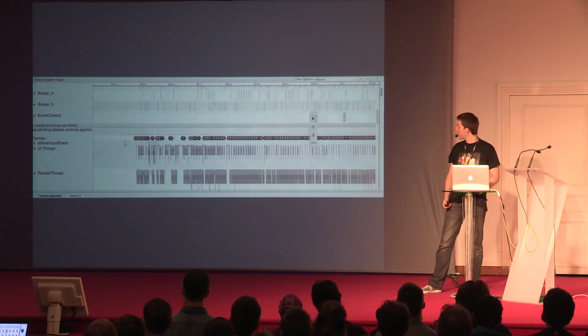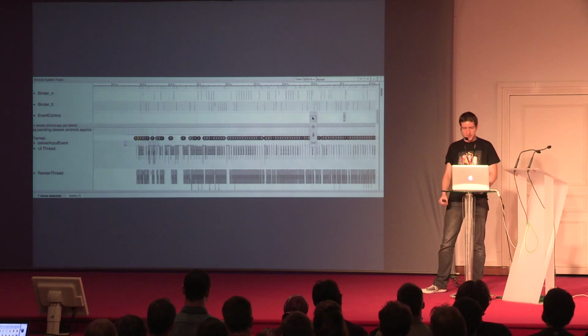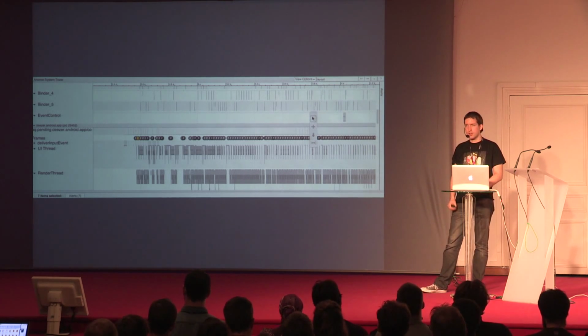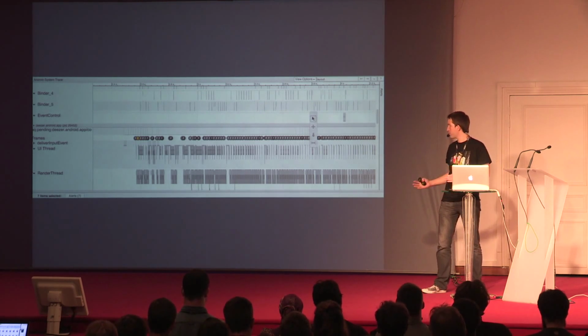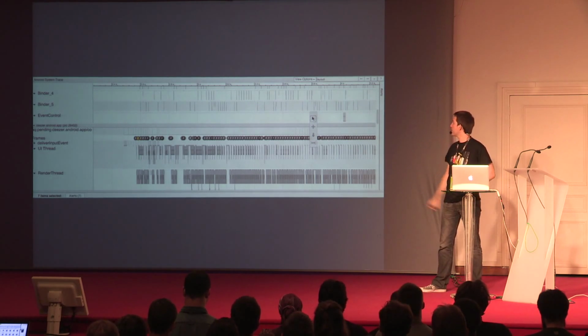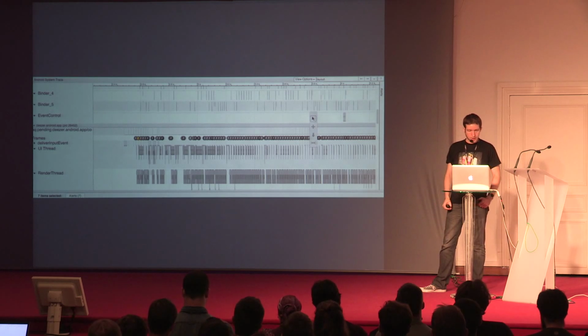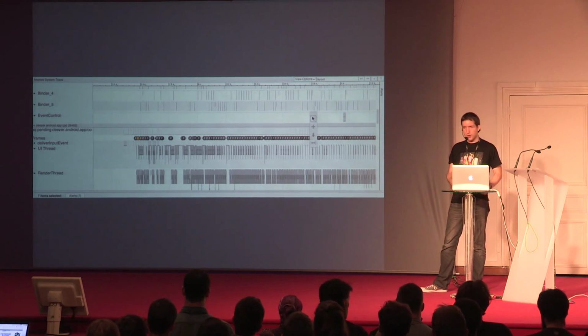What you get is an HTML file with this. It's a bit intimidating, but in fact it's not really complex. It's just a lot of information. If you look on the left, you've got the different threads going on. In particular, you've got the UI thread.